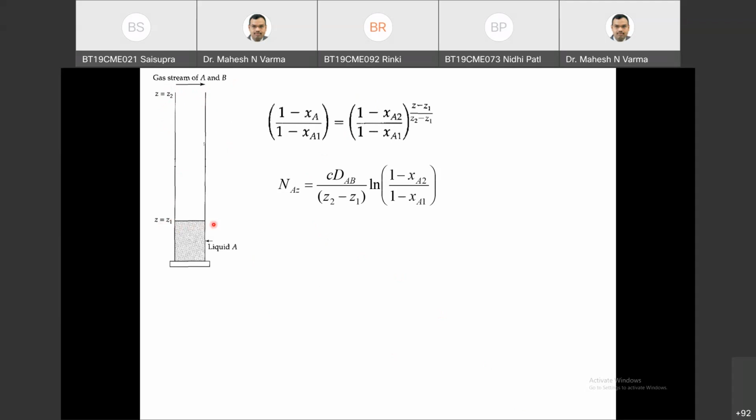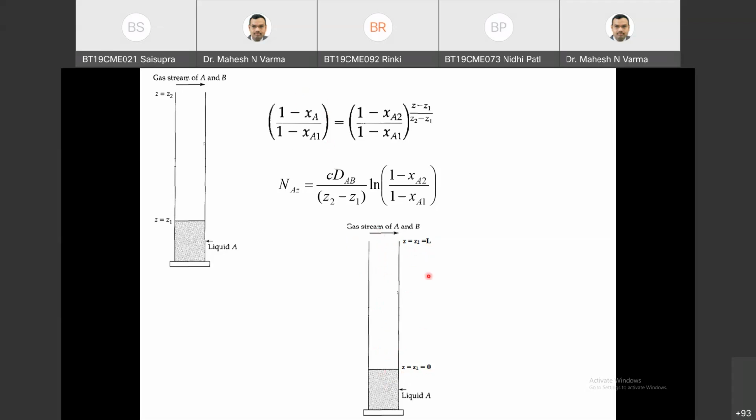Instead of this, I am not doing anything, same problem, I can just select the origin here, and whatever the remaining length of air through which this liquid is traveling, that is kept constant, L. So this length is L. So Z1 equals 0 and Z2 equals L. So concentration of A here will be XA0. Here concentration of A will be XAL.